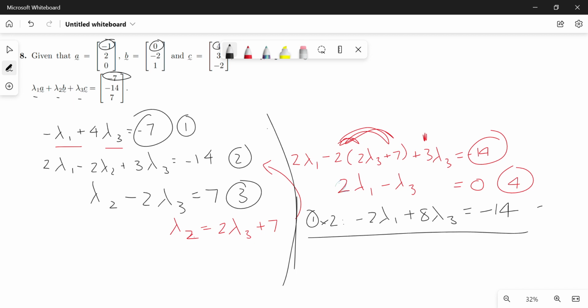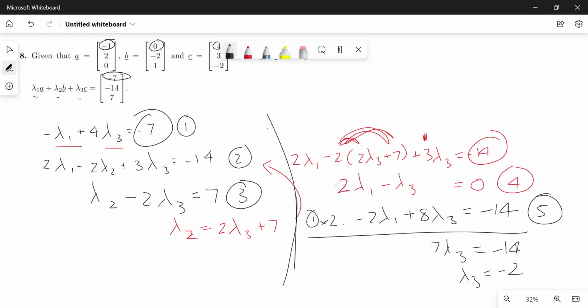So let's call that equation 5. Let's take 4 and 5 and add them together. 2 lambda 1 minus 2 lambda 1 is 0. If we add 8 minus 1, that's 7 lambda 3's, and here we've just got -14. So lambda 3 is -2 when we divide through by 7.